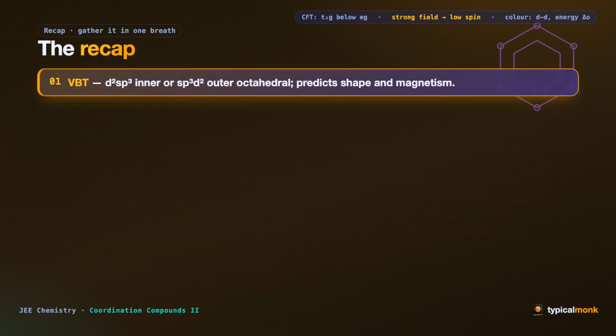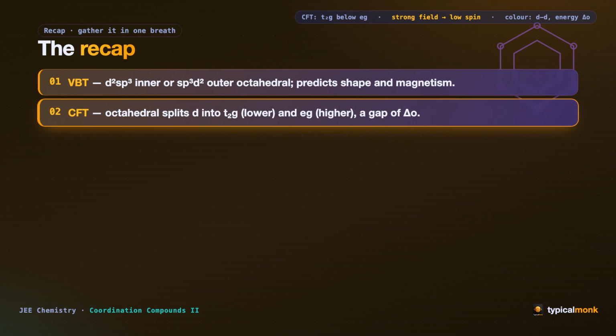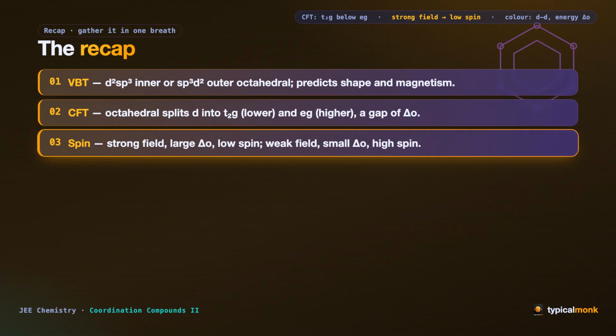d2sp3. Let us gather it all in one breath. Valence bond theory: d2sp3 inner or sp3d2 outer for an octahedral complex. It predicts the shape and the magnetism. Crystal field theory: an octahedral field splits the d orbitals into the T2G set, lower, and the EG set, higher, with a gap of delta O. Spin: a strong field, a large delta O, low spin.